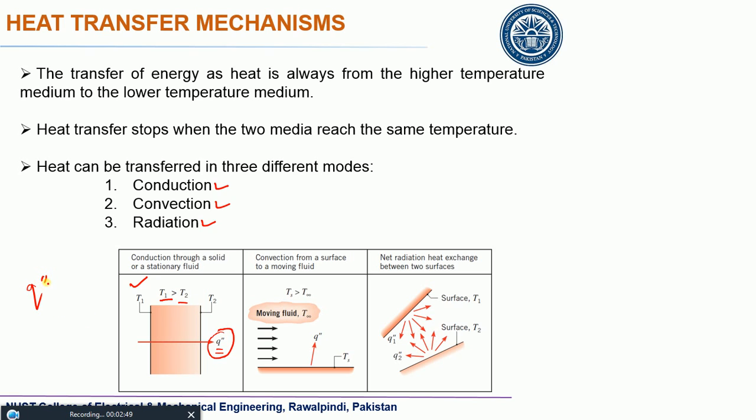So you can see that this term generally would represent heat transfer rate per unit area. We will talk about that. If you just put a dot over there, that dot represents time derivative.